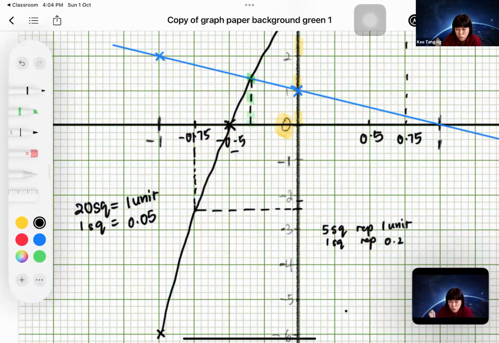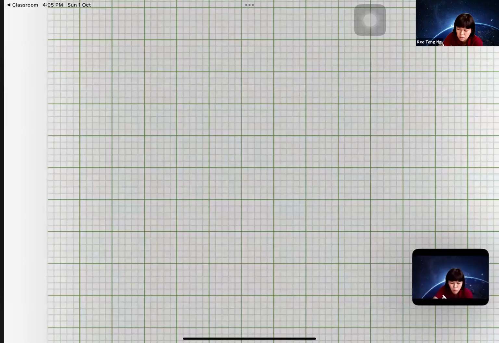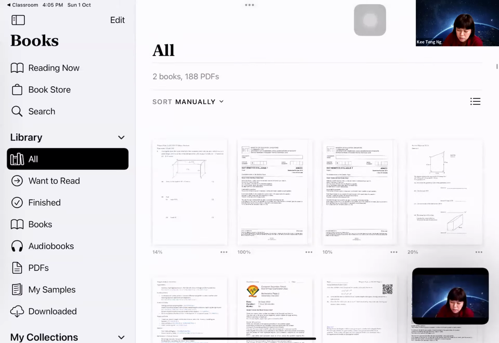So 2 small squares will be 0.1: 0.1, negative 0.1, negative 0.2, negative 0.3, negative 0.35, sorry. So my answer is negative 0.35. So I write my solution for x to be negative 0.35.